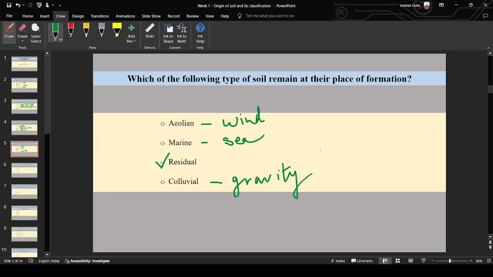Aeolian soil transported by wind, marine soil transported by sea, colluvial soil transported by gravity. And the answer to this question, the type of soil that remains at its place of formation, is residual soil. I hope it is clear. I will go to the next question.